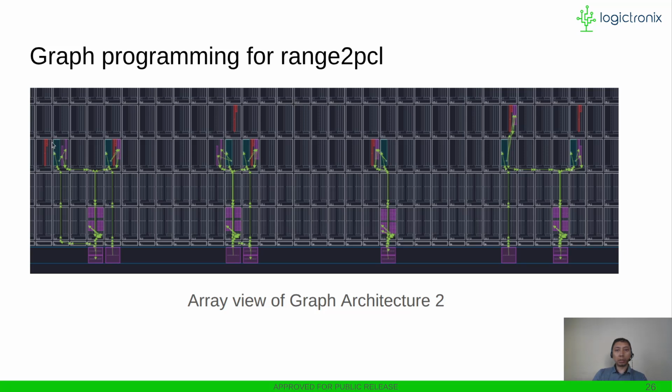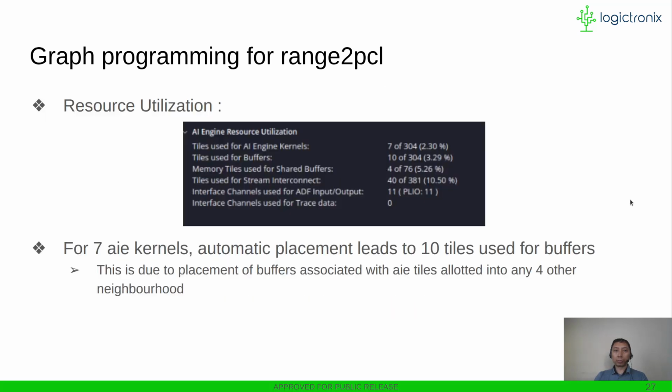So you can see that by default this tool is able to allocate the tiles of the graph at random locations in the AI engine array, right?